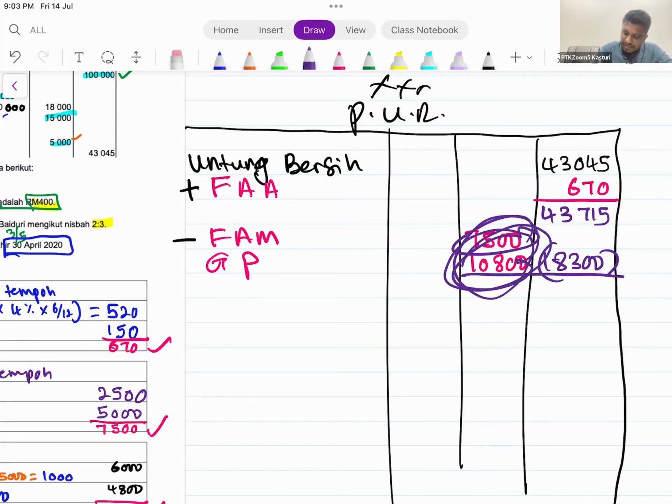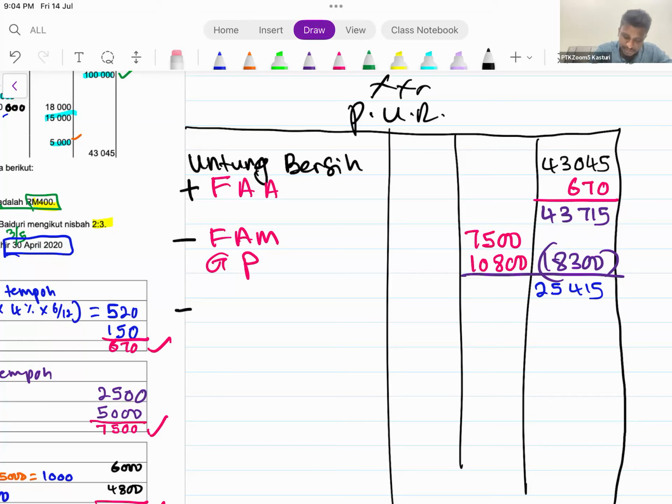So you just total up and then write here. 43,715 minus 18,300. Then you get 25,415. Ini adalah untung yang diperoleh. Untung yang diperoleh ini kita kena kongsi antara dua orang pekongsi.